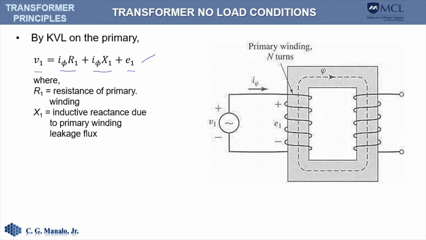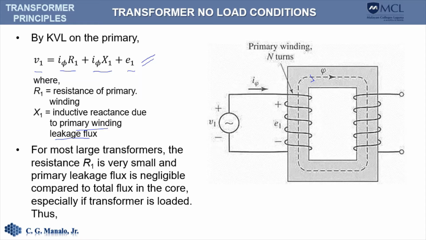Now, the inductive reactance here is due to the primary winding leakage flux. Yes, some of the flux produced inside the magnetic circuit will not be entirely inside the magnetic circuit, but a small amount will escape it and is considered as leakage flux. That should be considered in our KVL equation because this leakage flux also produces an induced voltage in the primary winding.